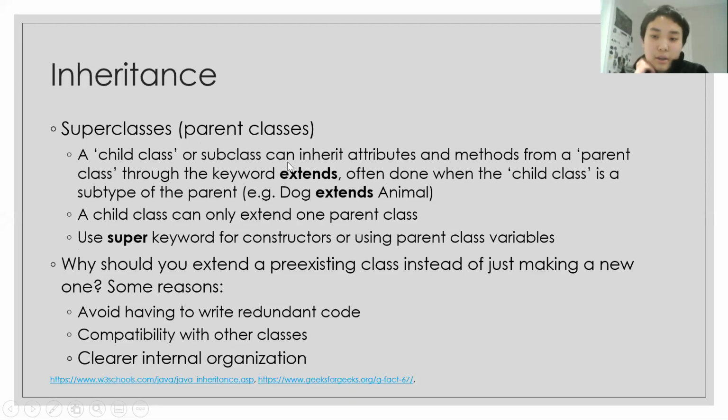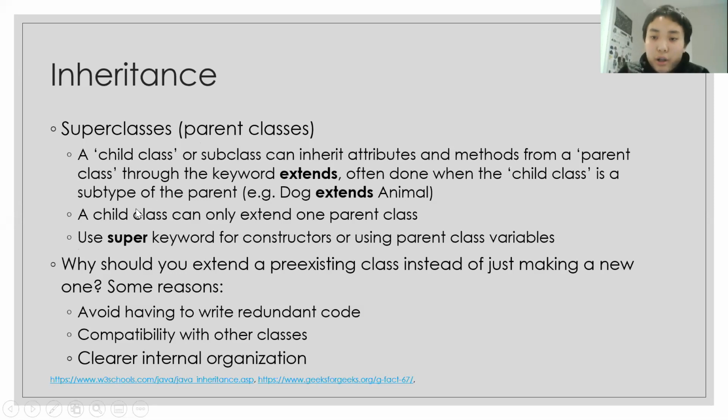So inheritance: you can make subclasses and superclasses, and you use a keyword called extends. For example, if you're making a class Pumpkin, you can say public class Pumpkin extends Vegetable, or Dog extends Animal, and that means Vegetable is the parent class that you are making a subcategory of.